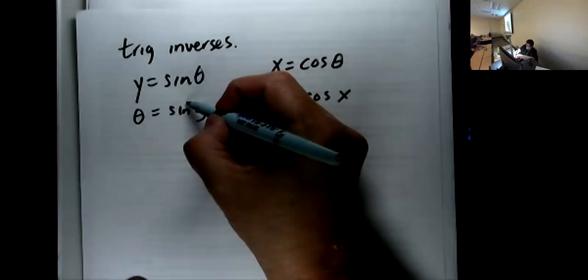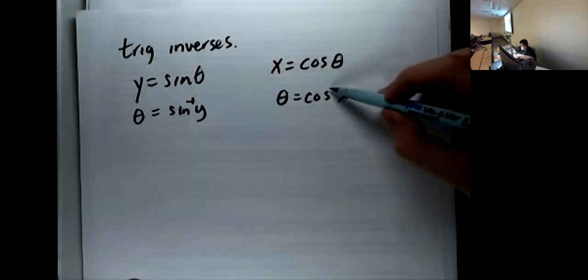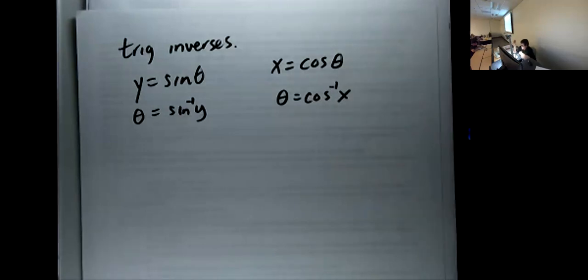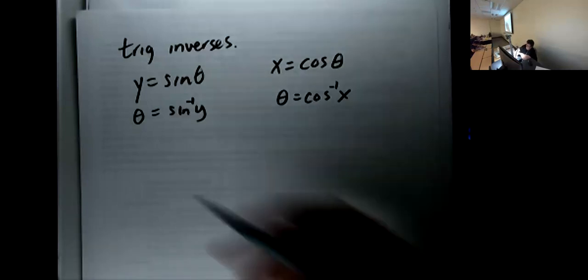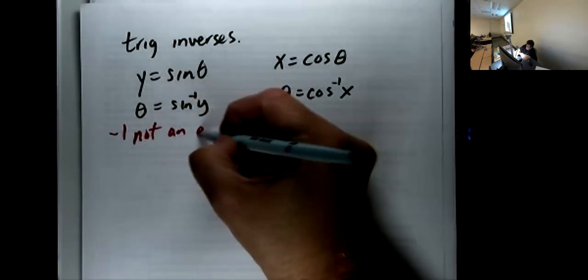And when they're inverses, we write it this way. So this looks like an exponent. It is not. The -1 is not an exponent. It represents inverse.